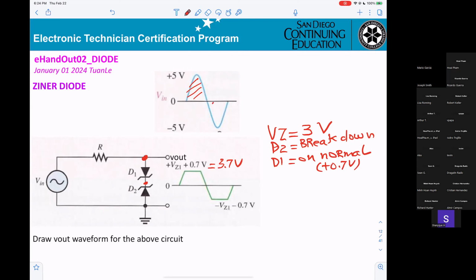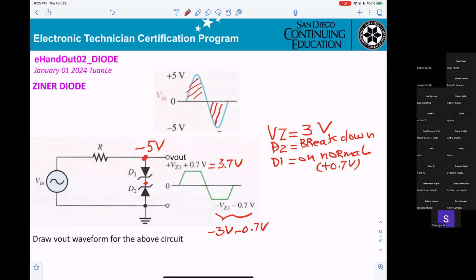When you get a negative, that means you get a minus 5 here. Minus 5 here. So basically, let's see, they give you minus 3, minus 0.7.